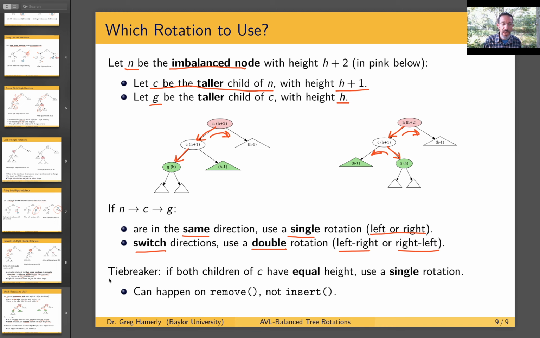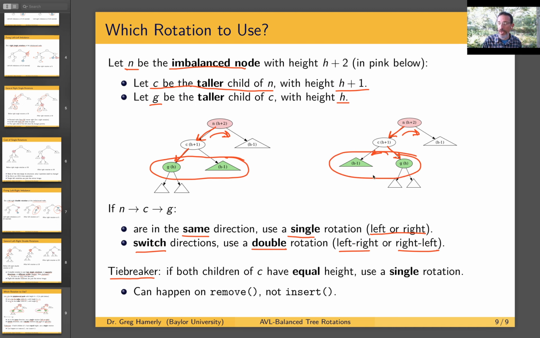Now there is one tiebreaker. If you're paying very close attention, when you go from the node where the imbalance occurs to its taller child, those two nodes cannot have the same height, because if they did, there would be no imbalance. So we go to the taller child, and then to its taller child. In this diagram, I've drawn it such that these two have different heights and these two have different heights.